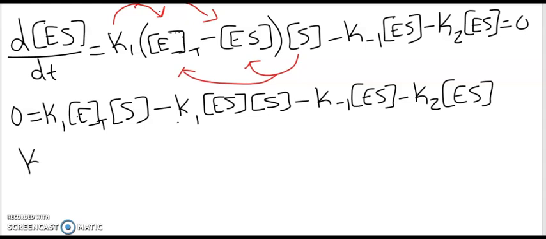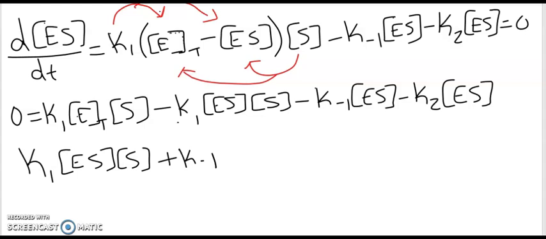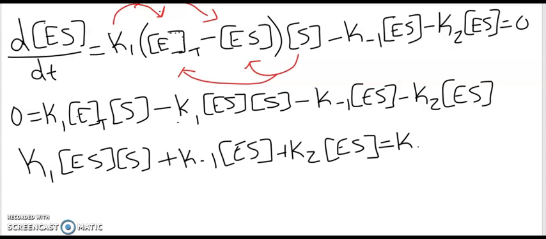So we have K1 times ES times S plus K minus 1 ES plus K2 times ES equals K1 times E total times S.